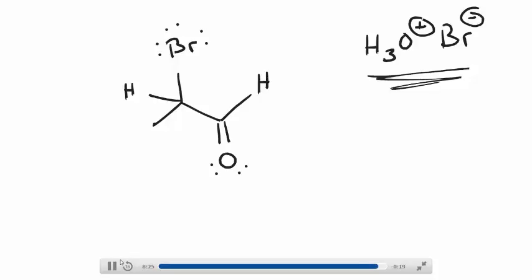You can be very specific for the one that's right next door to the carbonyl carbon and not have the halogen adding as a nucleophile to the carbonyl carbon or anything like that. And the neat thing about doing it in acid is it stops at one addition. So these are all very good things for synthesis to be aware of.